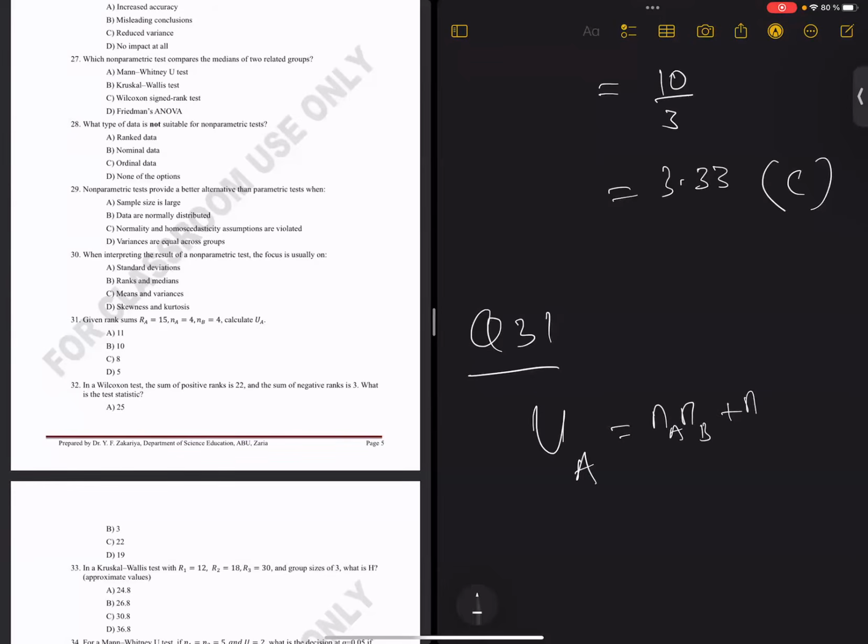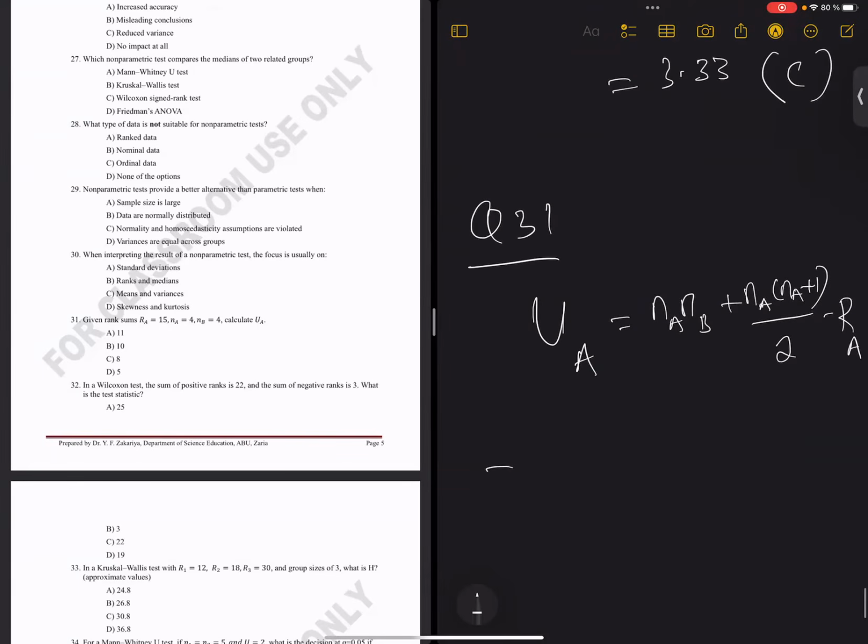Plus NA into NA plus 1, all right? Divided by 2 minus RA, isn't it? So NA is given to be 4 times NB is 4, plus 4 into 4 plus 1 divided by 2, minus RA. What is RA?